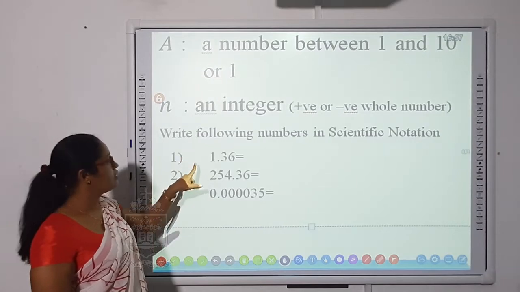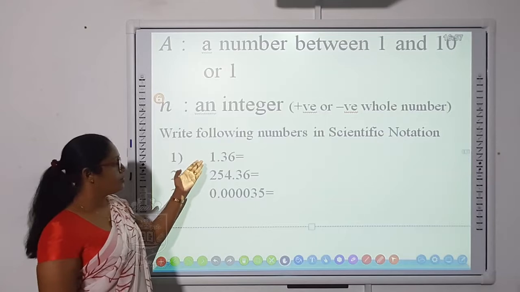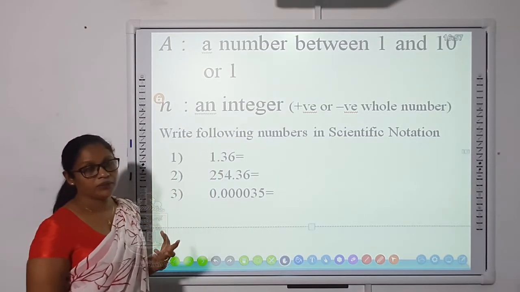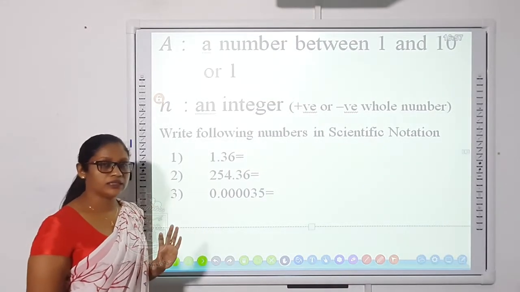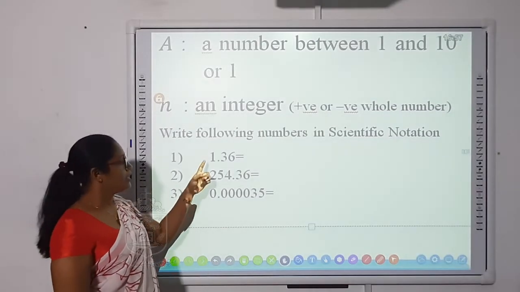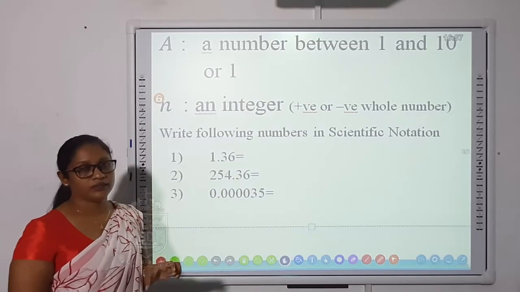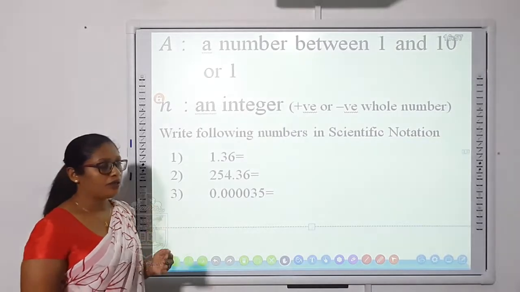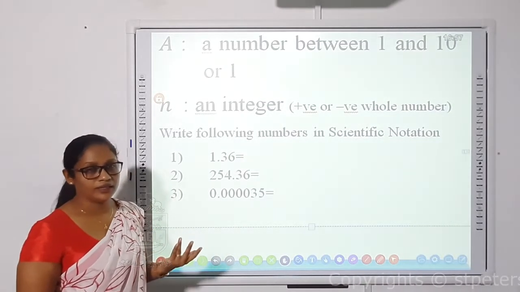With that idea, we'll do this question. Write the following numbers in scientific notation. So 1.36. Just keep in your mind the pattern: A times 10 to the power n. A should be a number between 1 and 10. That can be 1 also. So here, 1.36. The very first thing you should check is whether the given number is between 1 and 10. 1.36 is actually a number between 1 and 10.